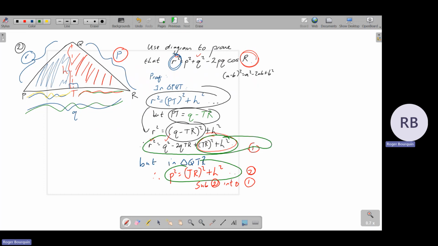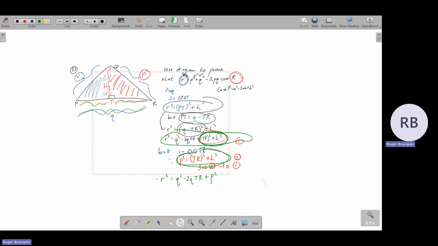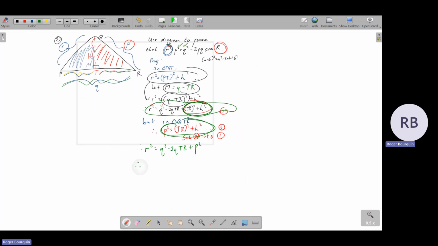So this whole thing becomes, therefore, R squared is equal to Q squared minus 2QTR plus P squared. So I'm getting closer. Now in the formula, I've got R squared, I've got Q squared, I've got P squared. If I want to rewrite that so it's more recognizable, therefore R squared is equal to P squared plus Q squared minus 2QTR.